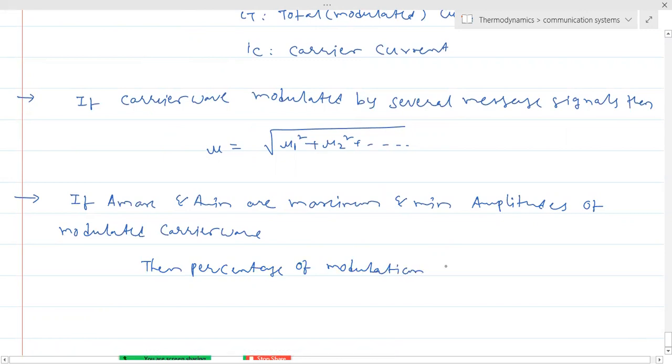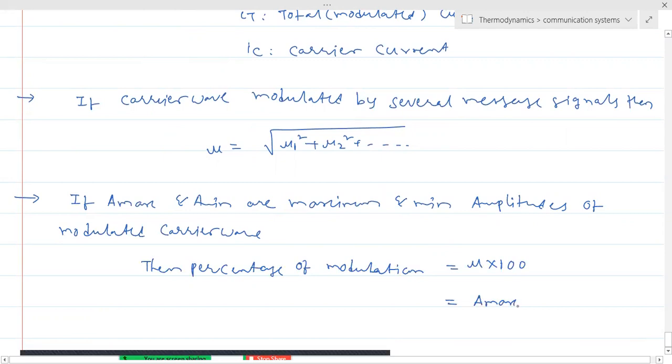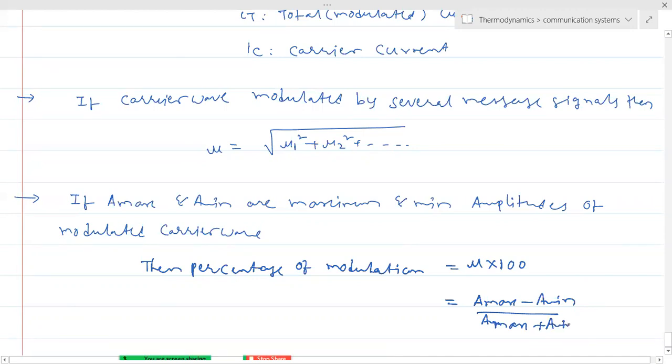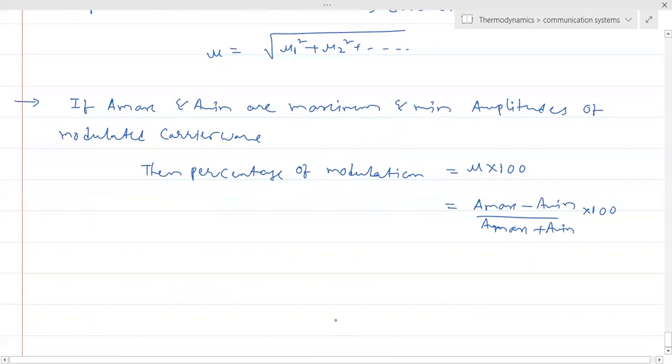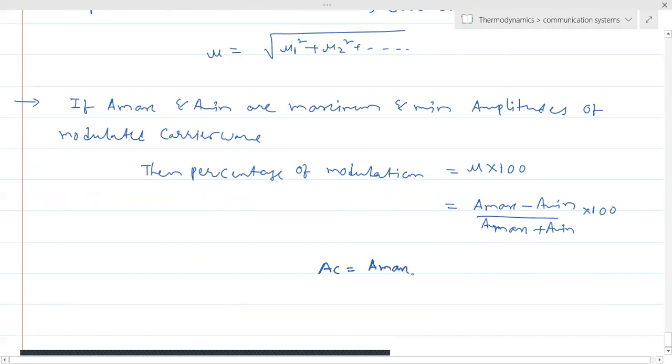So nothing but mu into 100 we are speaking only. So mu into 100 means simply we will say (A_max minus A_min) by (A_max plus A_min) into 100. And we know already that A_C is equivalent to (A_max plus A_min) by 2.